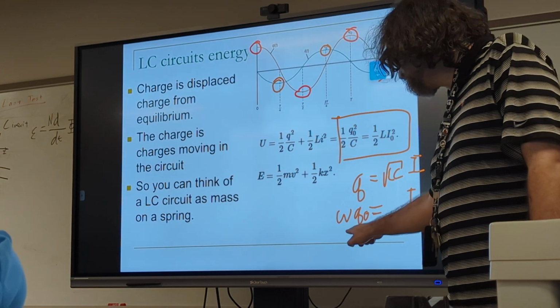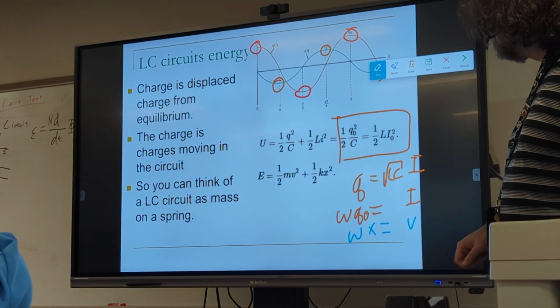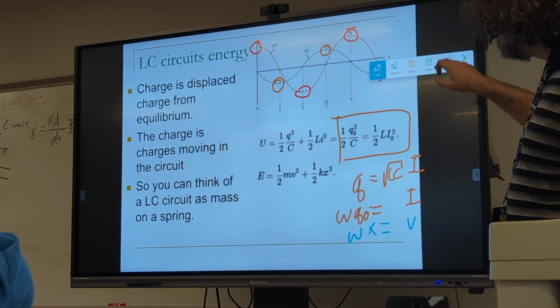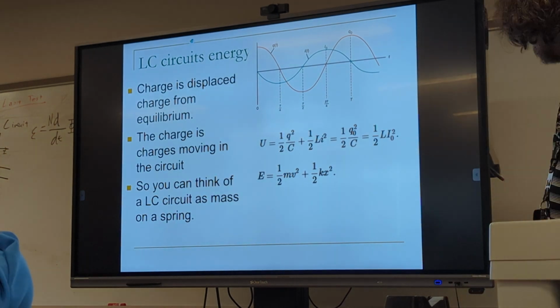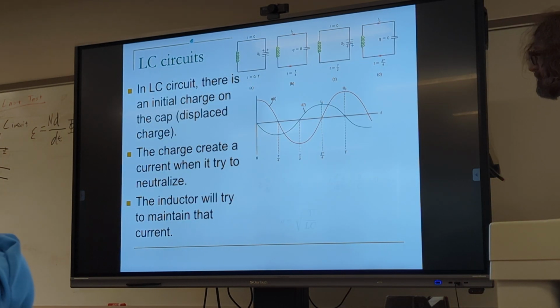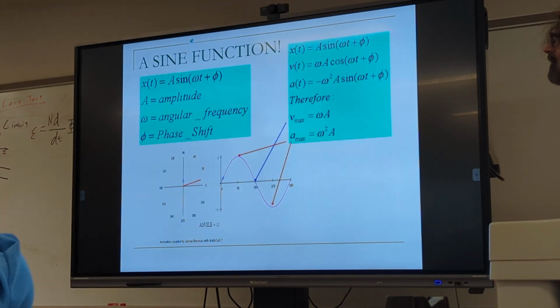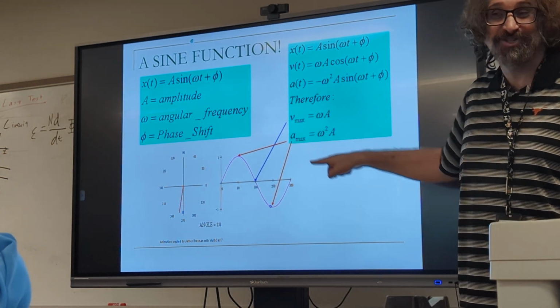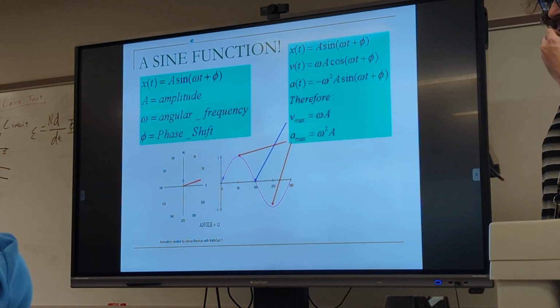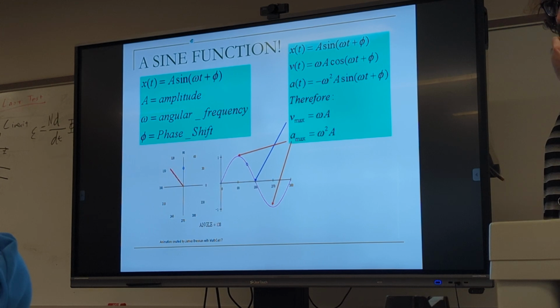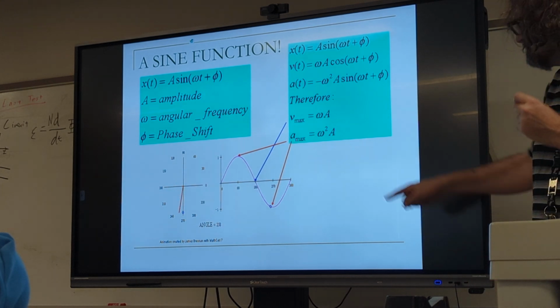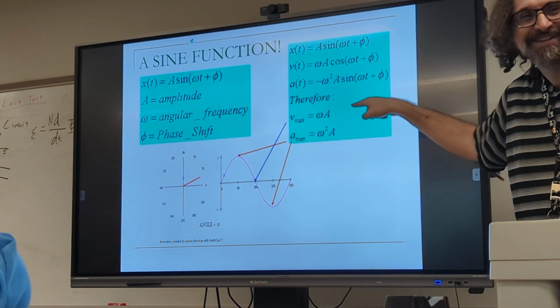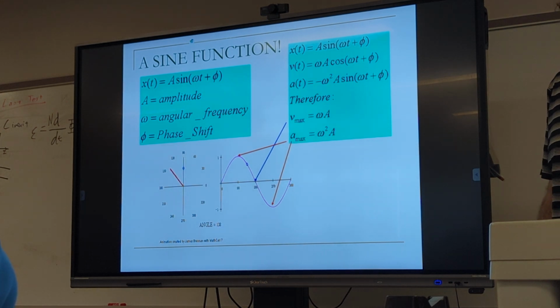What's omega? Omega is the amplitude. Wait a second. What was the second slide that I said had important relationships between max velocity and max acceleration? Vmax is equal to omega times amplitude.